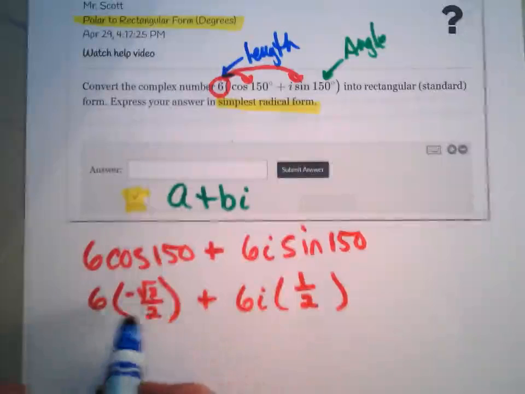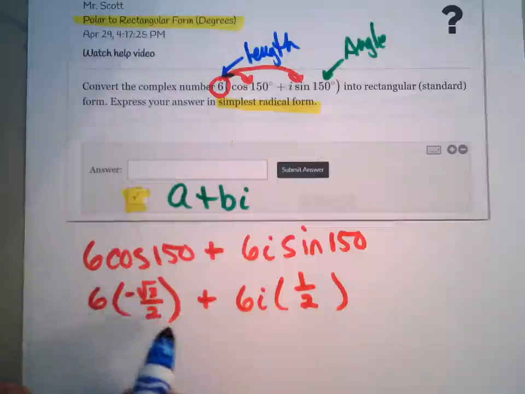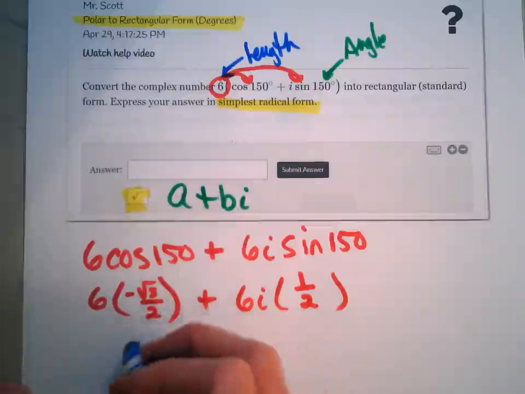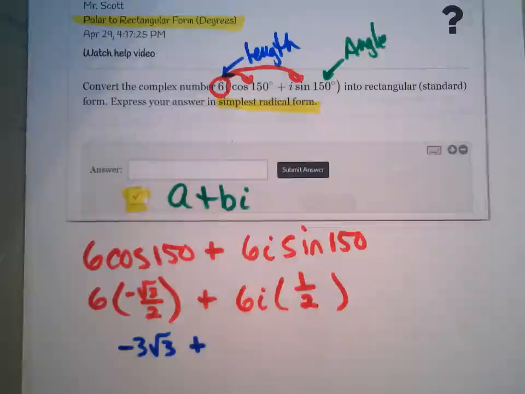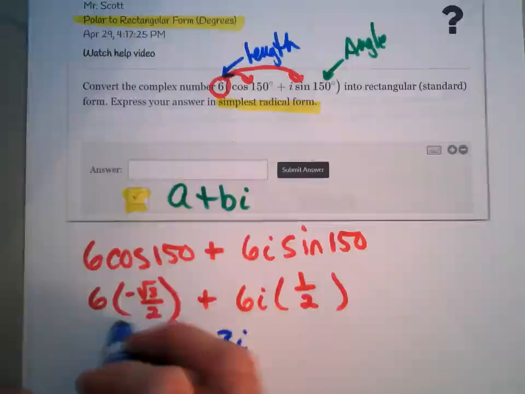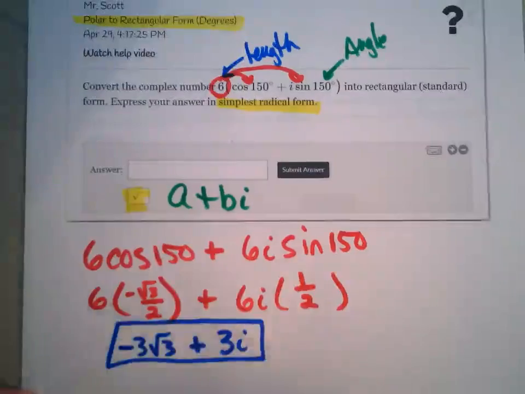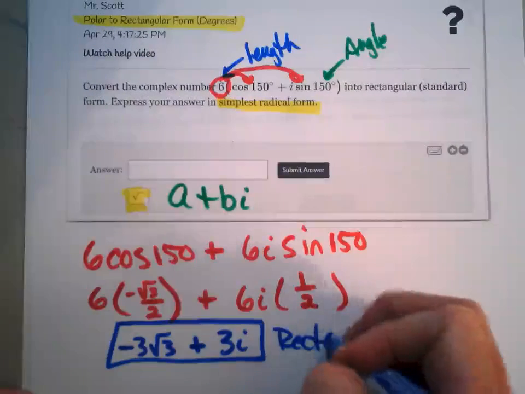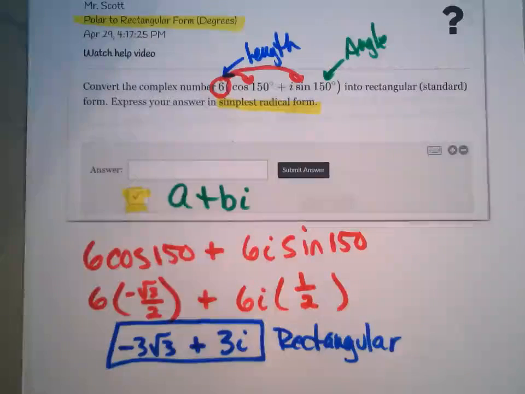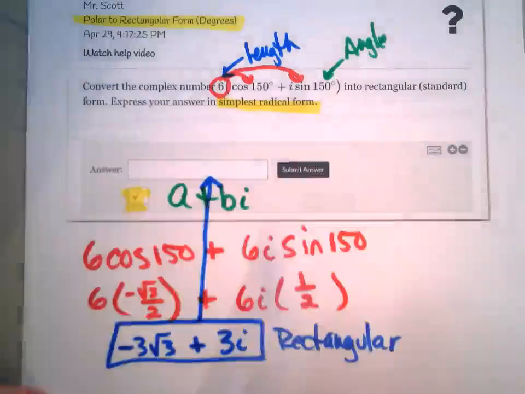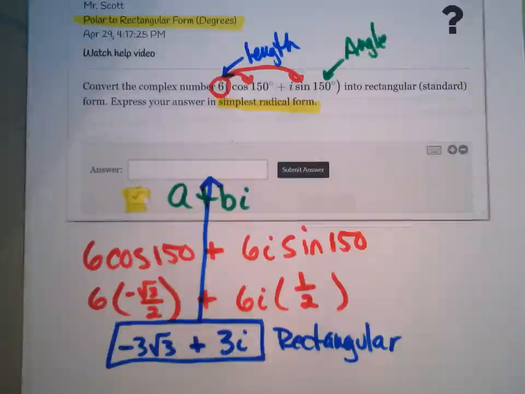As we multiply this together, the 2 will divide into 6, and this will become negative 3 square root of 3 plus, and then half of 6i is 3i, and there is your rectangular form. Okay, so we would just put that into our submission, submit it, and we should get a big, nice green check out of that.